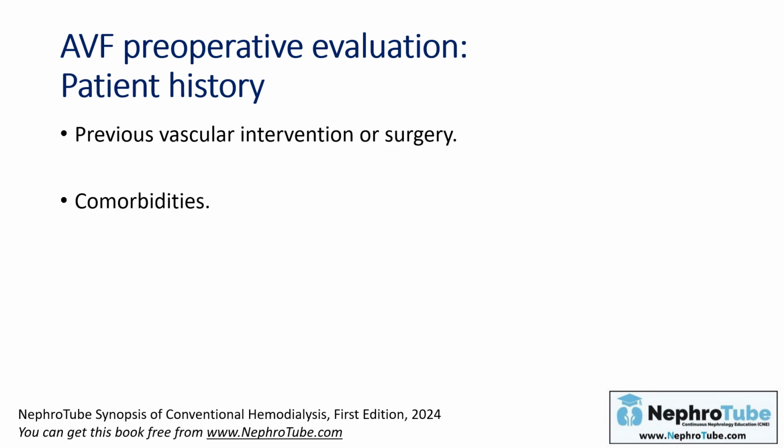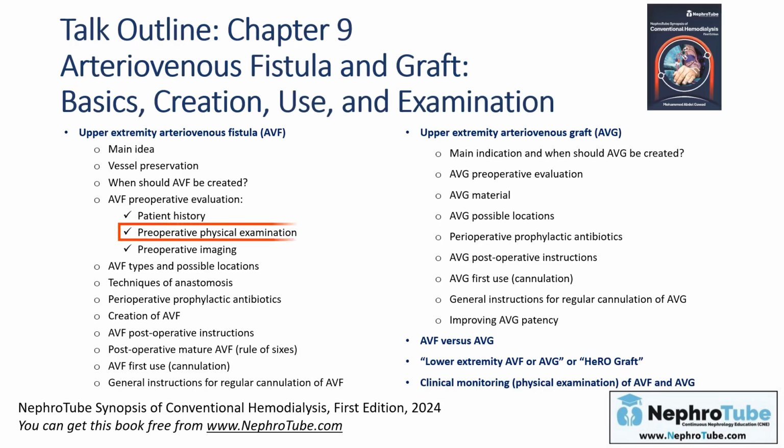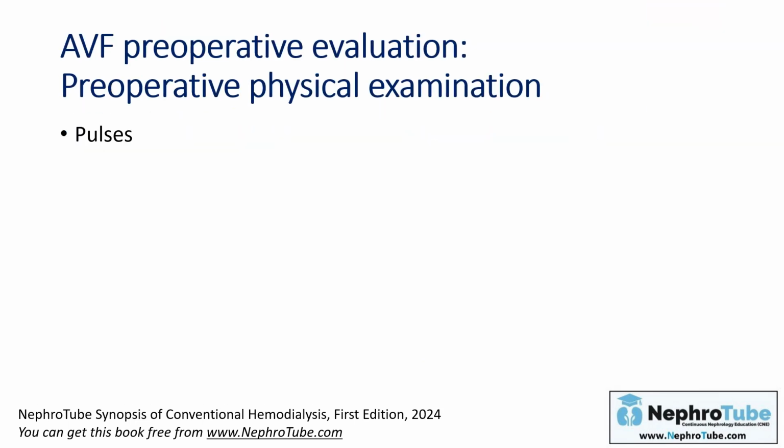Second, you have to ask your patient in the history about comorbidities such as diabetes, congestive heart failure, any vascular disease, and you have to ask about history of previous failed AV fistula, and also what is the cause of failure if it is known. This is regarding the history items. Regarding preoperative examination, you have to examine all pulses of the upper limb, and you have to measure the blood pressure of the patient.